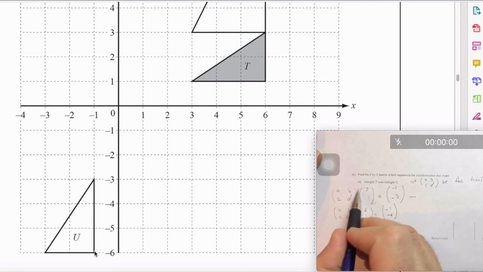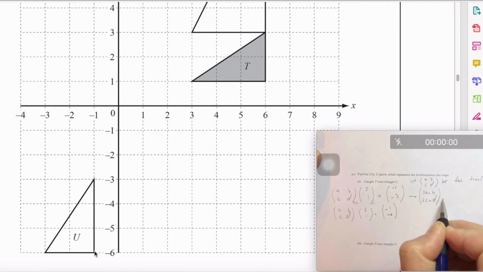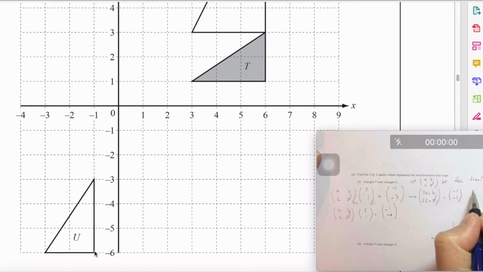First row multiplied by the first column, it will be 3a plus 1b, and 3c plus 1d is to be -1, -3. Then you will obtain these equations: 3a plus b is -1, 3c plus d is equal to -3.